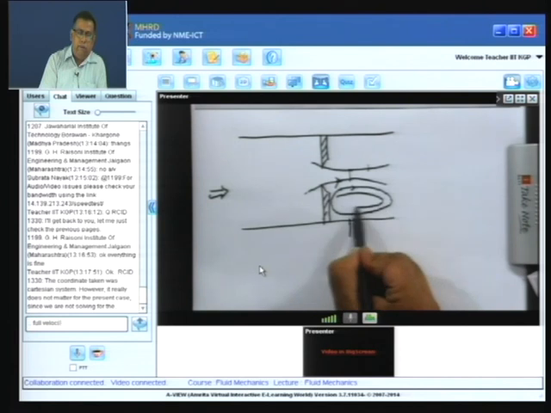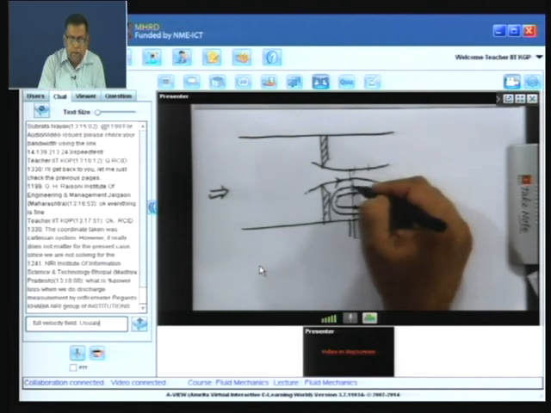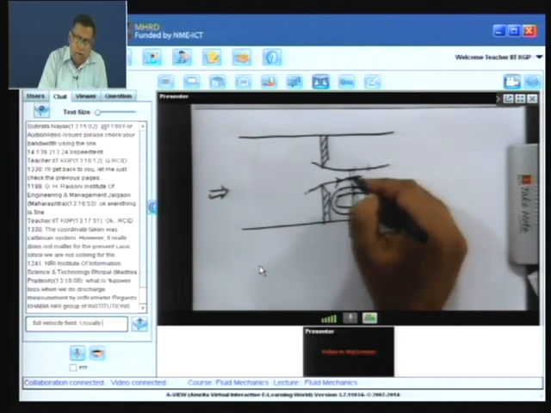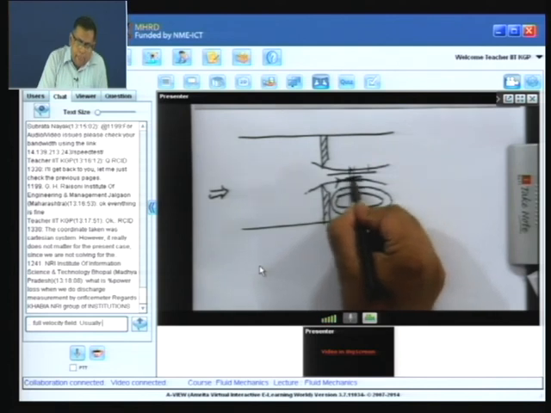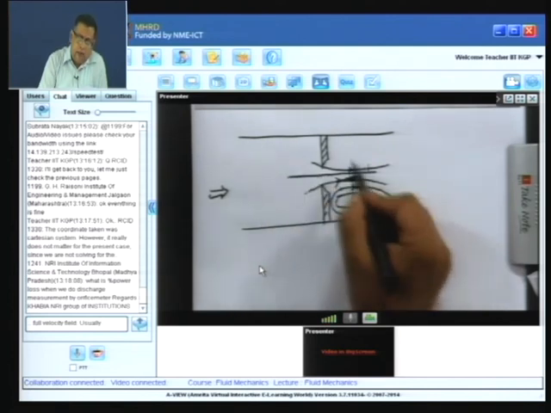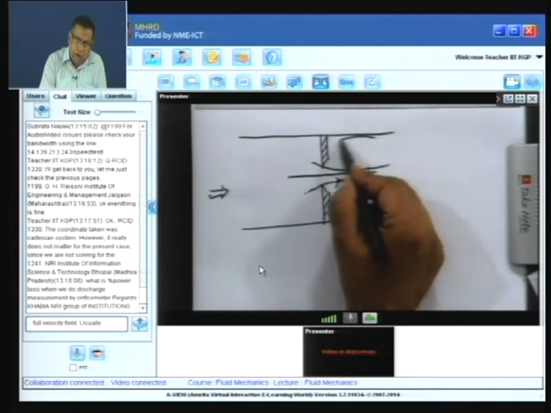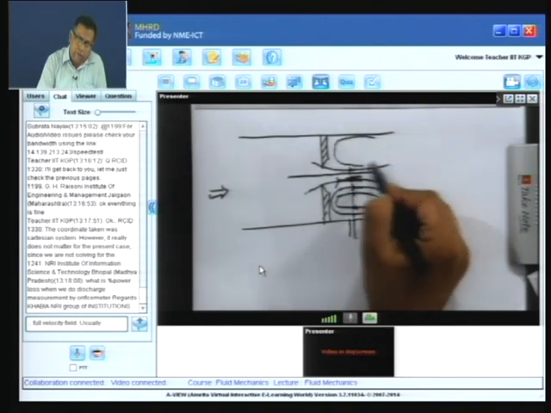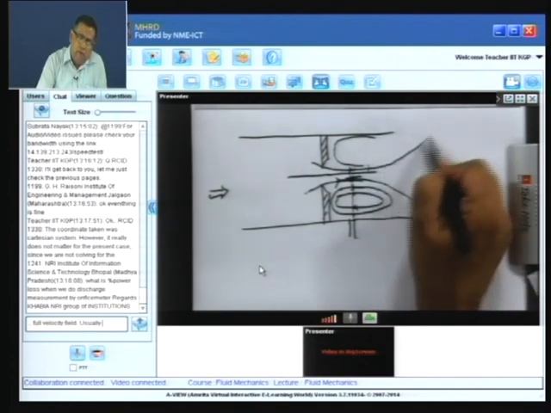So, these streamlines may be curved, but if you look at what is happening along this line, these streamlines are almost horizontal lines. And you will have a similar view over here. So, this is an exaggerated view of what is happening.